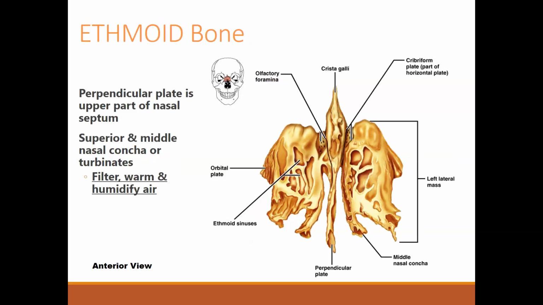There's just a full view of the ethmoid there. It's the oddest of all the skull bones for sure. Very wicked looking. But look at all the sinuses in it, guys. So when your nose is congested, these membranes that line those cavities there are just fully inflamed.